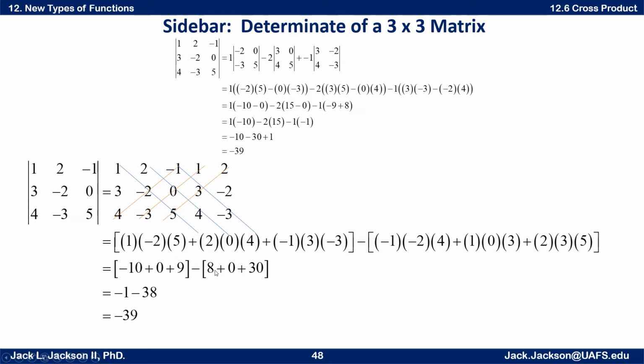I can distribute and then combine, or I can go ahead and work this out. So -10 plus 0 plus 9 is -1. 8 plus 30 is 38, and -1 minus 38 is -39. And you see, of course, the answer is the same as above. So either of those ways works for doing the determinant of a 3 by 3 matrix.